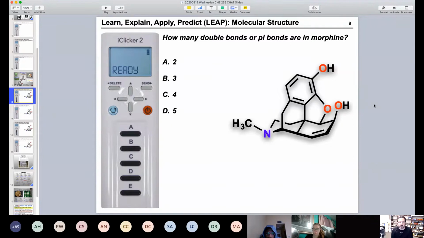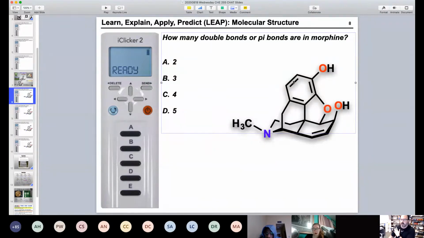So based on the chat, it is 4. And again, a double bond is wherever you see a single bond and then a second bond. So this for example, right here, that's a double bond. You have the sigma bond, and then the second line is your pi bond, and that makes it a double bond.